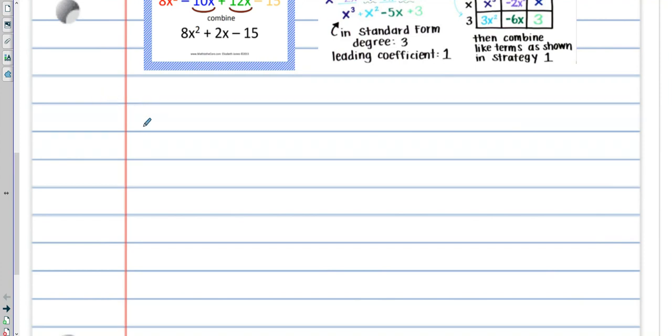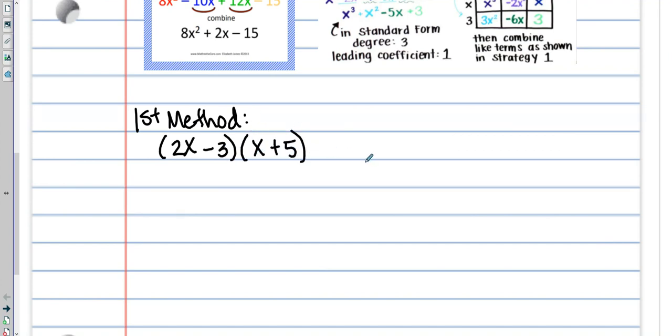So the first method here, for example, if you have 2x minus 3 times x plus 5. There's several ways that you could do this. You could actually do a table.